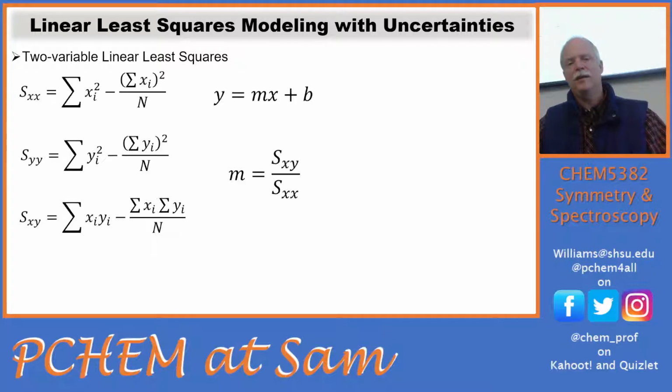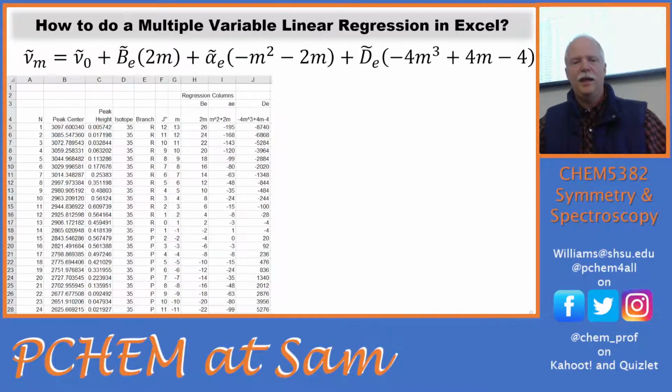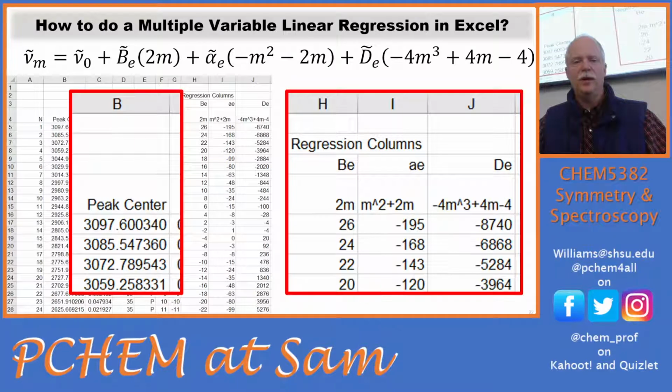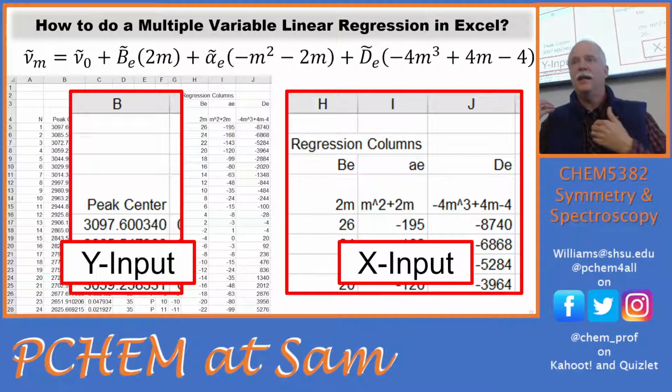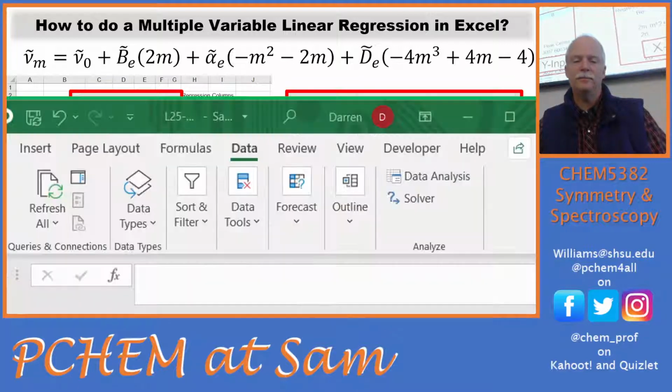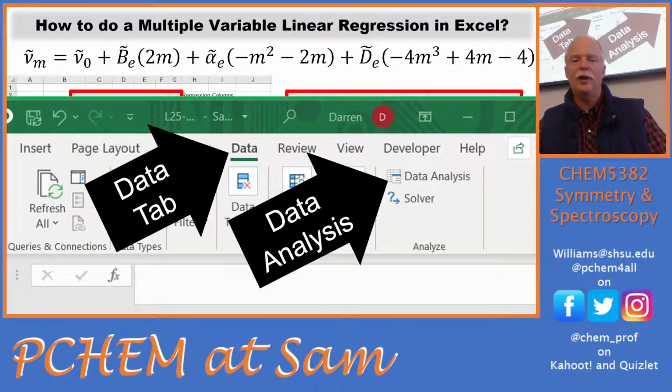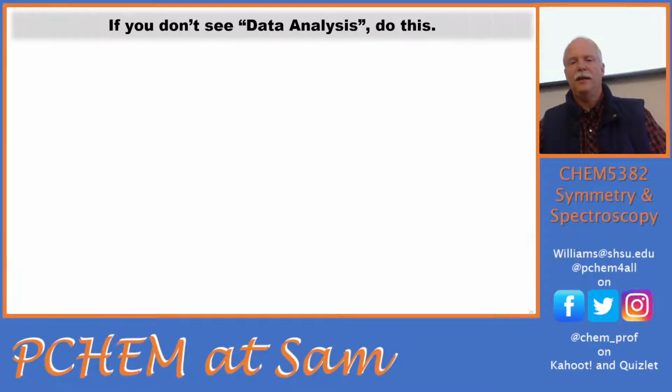All right, so then we talked about linear least squares fitting, and we do the multiple linear regression where we had the 3 regression columns, and the Y input are the frequencies. Now we're going to use this technique again in the next analysis that we do, where we do combinations and differences. So here's how we do the regression. We have the data analysis button, and we click that.